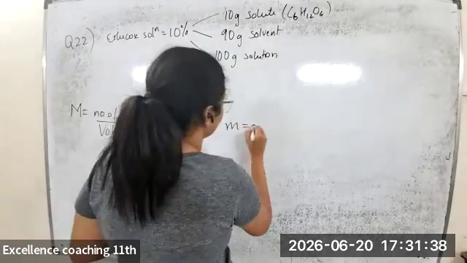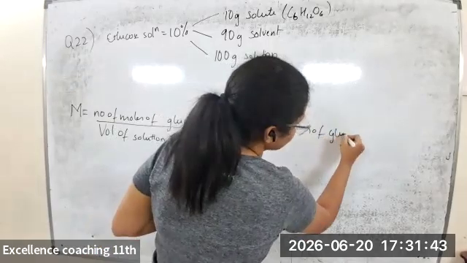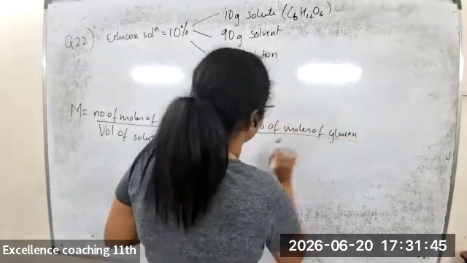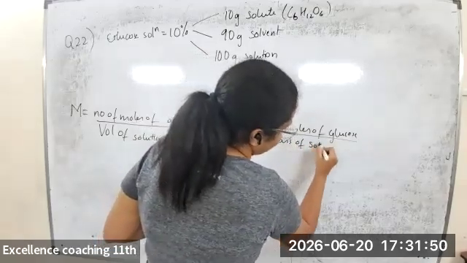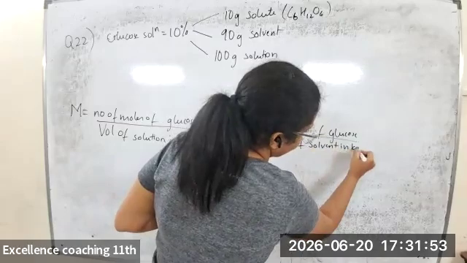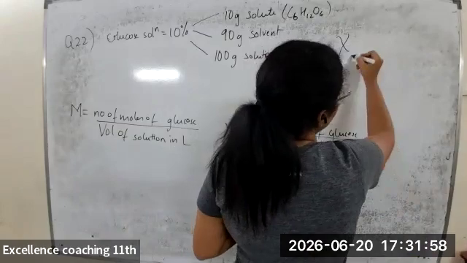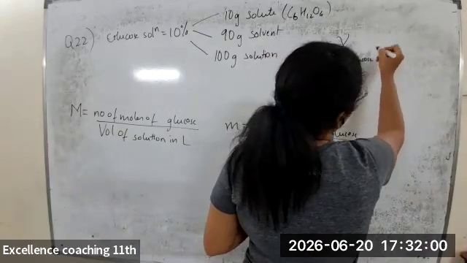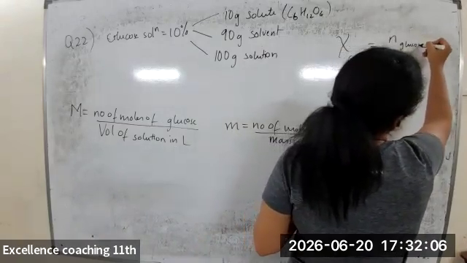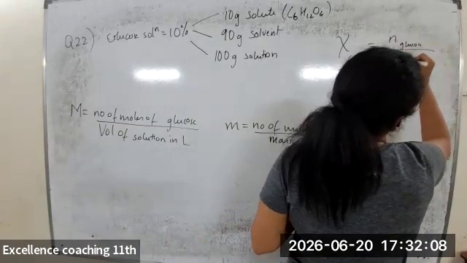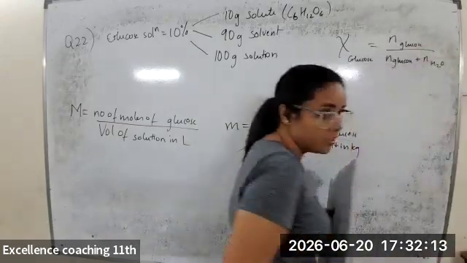Next one is molality: number of moles of glucose divided by mass of solvent in kg. And the last one is mole fraction. So mole fraction of glucose will be what? Number of moles of glucose upon number of moles of glucose plus water.